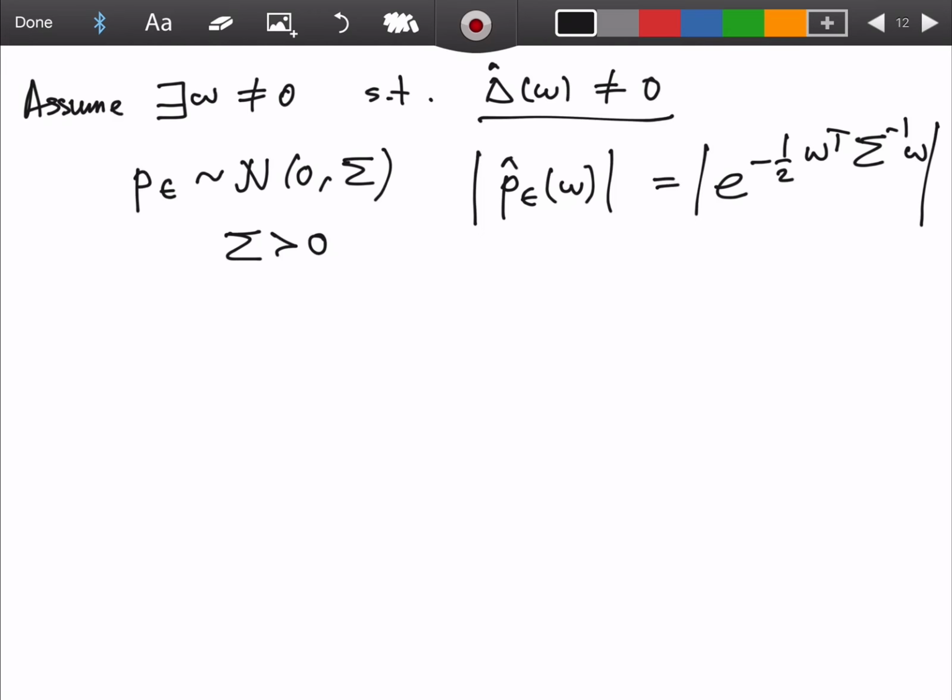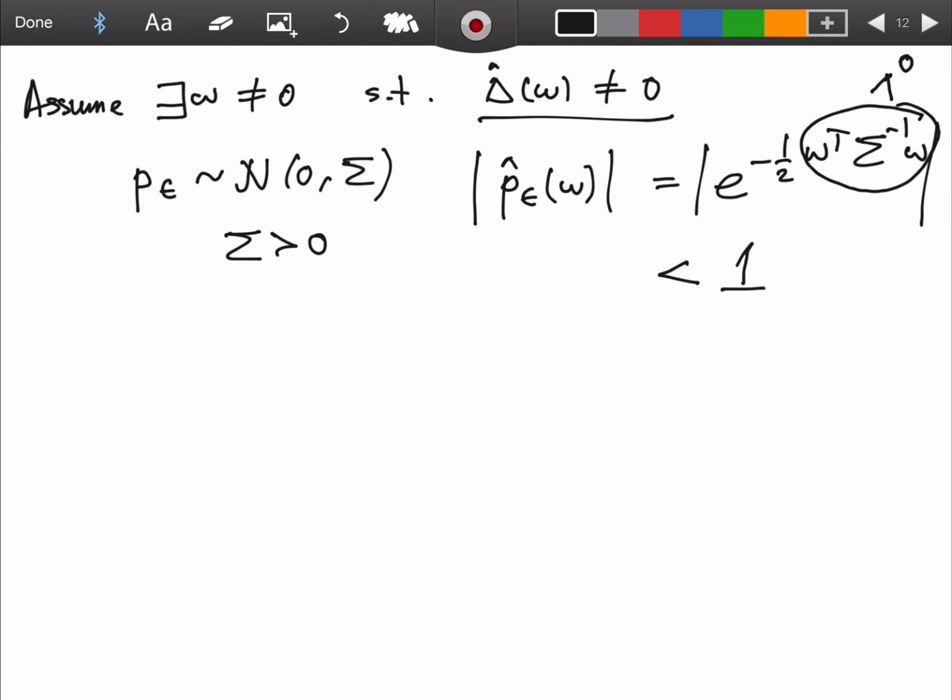This is a quadratic form with a positive definite matrix and a non-zero argument, so it has to be strictly positive. Now, a negative exponential of something strictly positive will be smaller than 1. So the absolute value of the Fourier transform of the PDF, sometimes called the characteristic function of the distribution, is strictly smaller than 1.